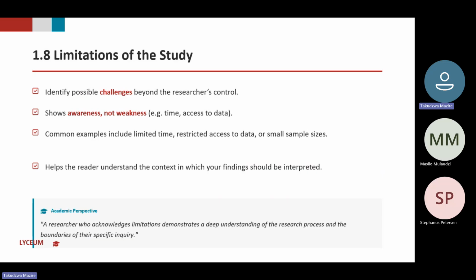Acknowledging this helps your reader understand the boundaries of your research and how you interpret your results. This transparency builds credibility and shows that you have thought critically about your study's context.